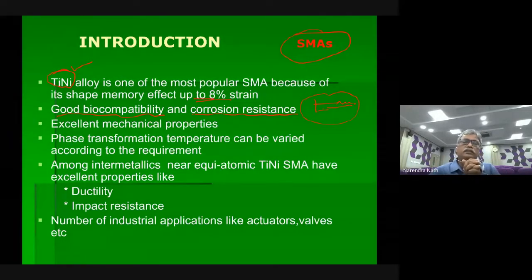If it crosses its limit, it affects human health, and it may attack any of the human organs, which will start malfunctioning. But that is not happening. The next one is excellent mechanical properties.